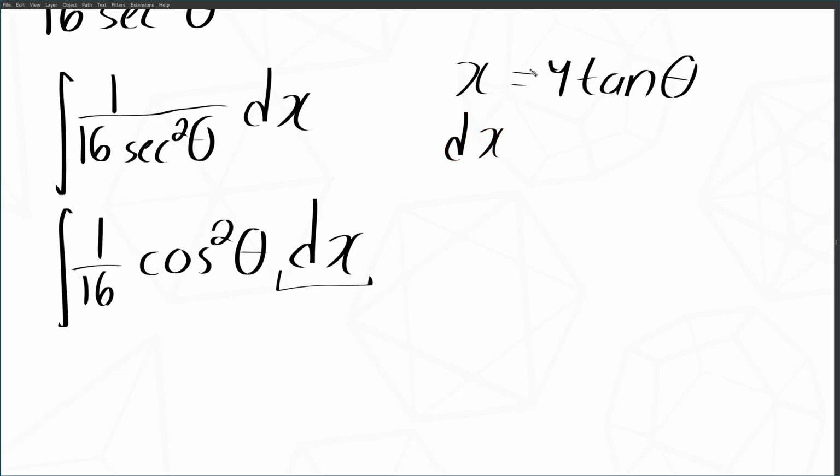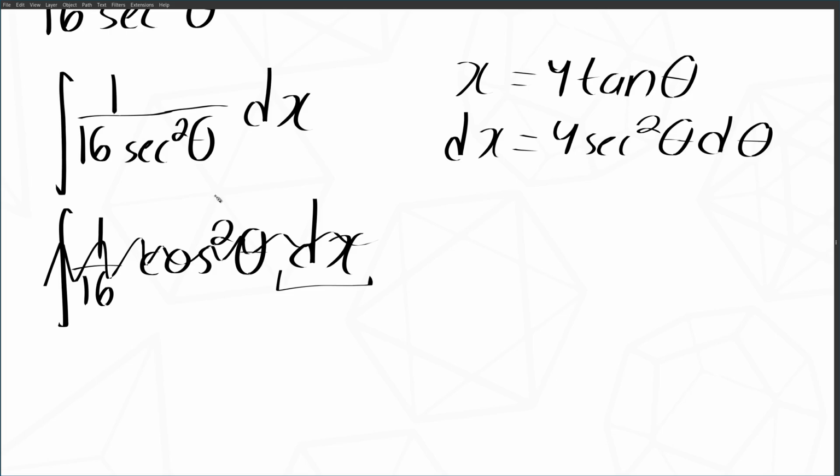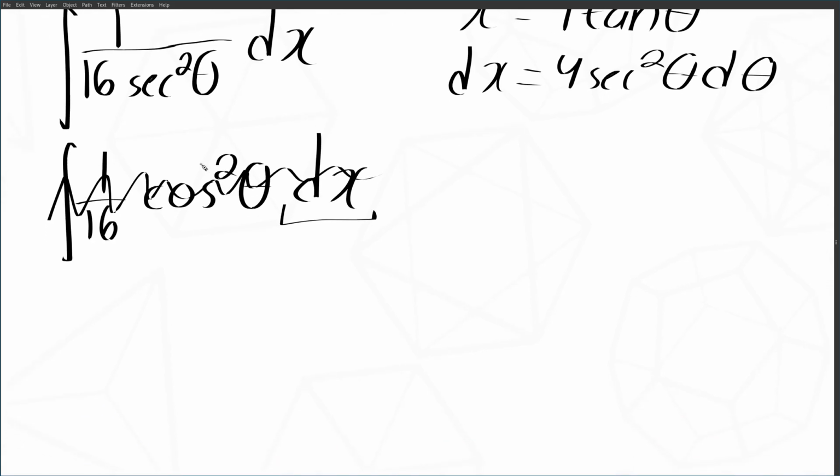Differentiate the left and the right side, just like in u substitution. dx is equal to 4 times the derivative of tangent, remember that, secant squared theta, with respect to theta. So really, we don't want this form, because here, when we multiply by this, it's going to cancel.